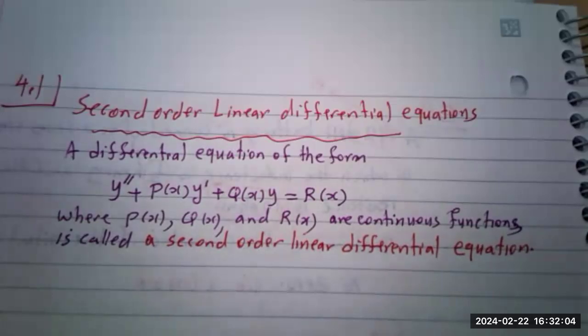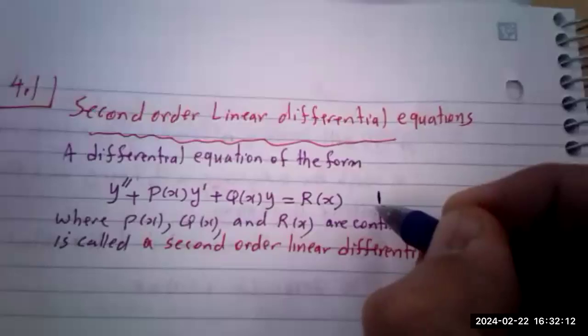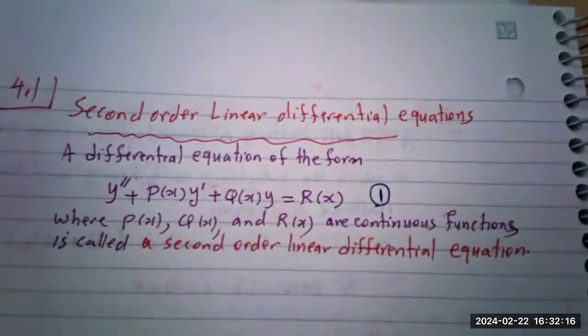Okay, so I'm going to refer to this equation, in order to solve it, sometimes we are going to make this one easier, if you like. This is number 1. R of x is going to be a function of x. If this R of x happens to be equal to 0, the resulting equation is called a homogeneous second order differential equation.